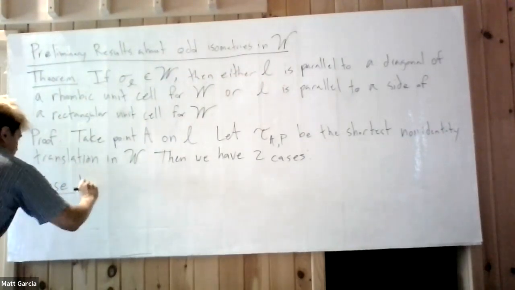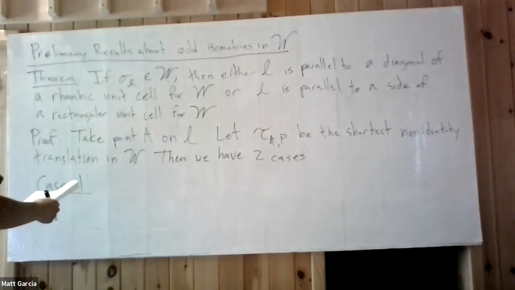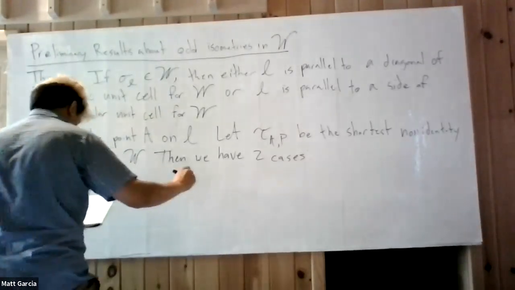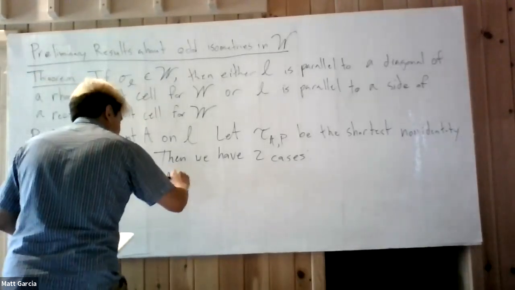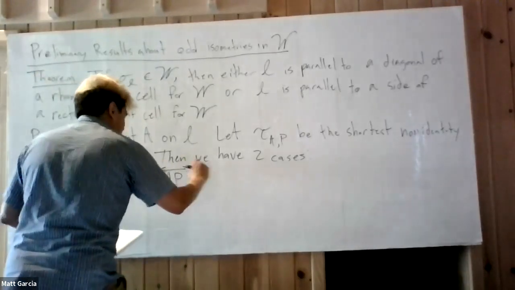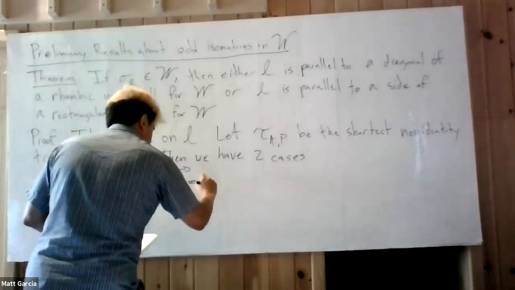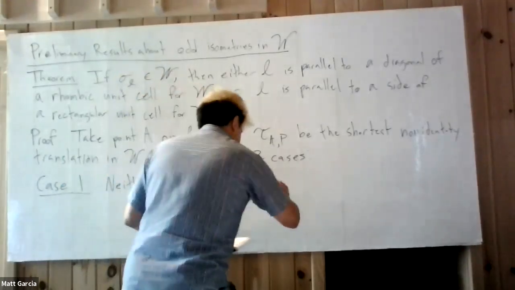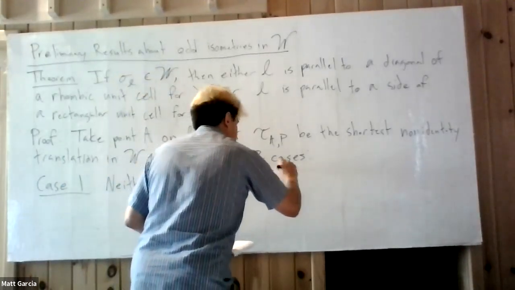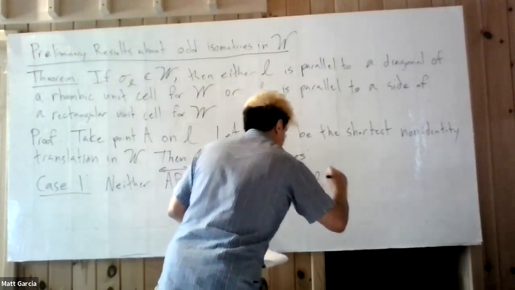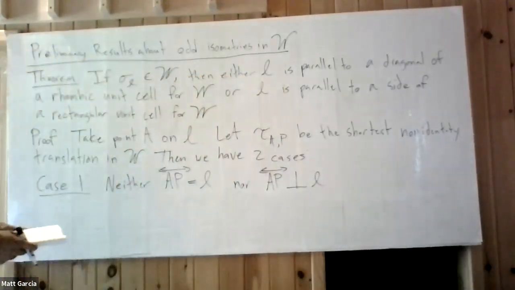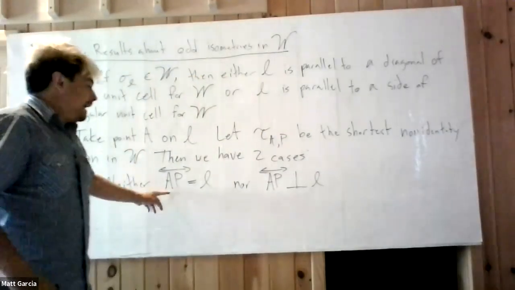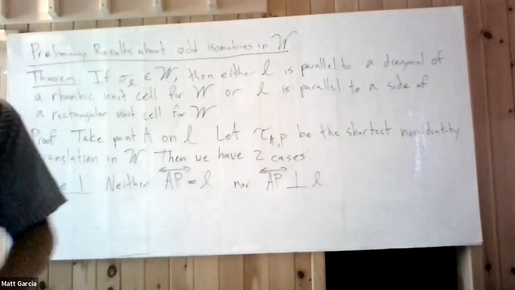Case one. This is the simpler case. Let's assume that neither does the line defined through AP equal L, nor is the line through AP perpendicular to L. So that is to say, the line through A and P and the line L intersect at some point.